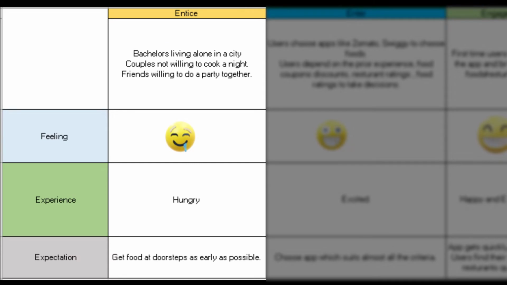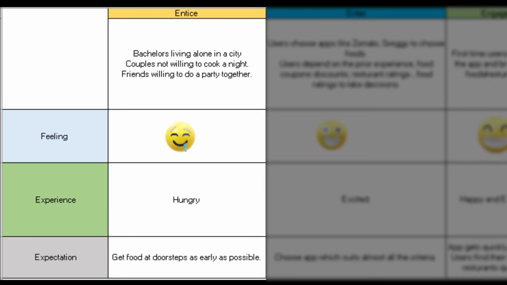Okay, so step one. Step one is the entice. Imagine anybody who's away from home, right, and does not have a provision to cook food at home, or it can be any persona. It's important that we understand and define the persona in the entice.